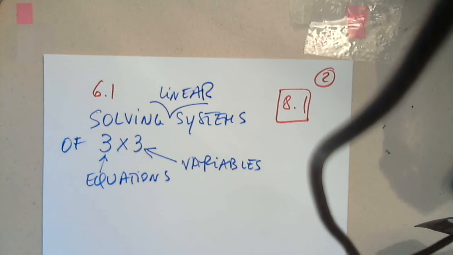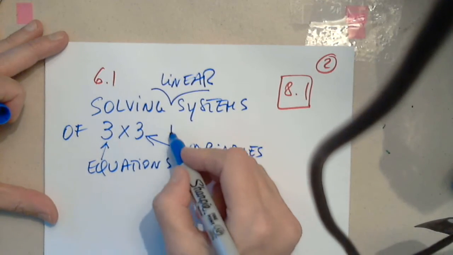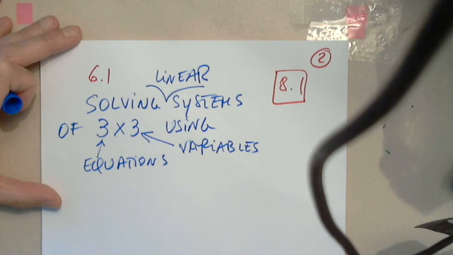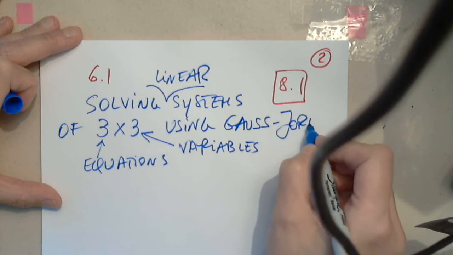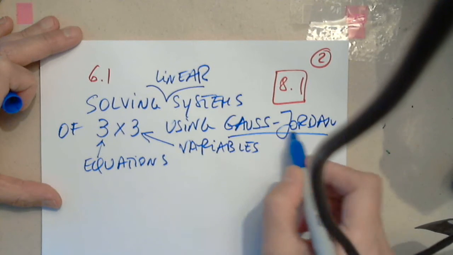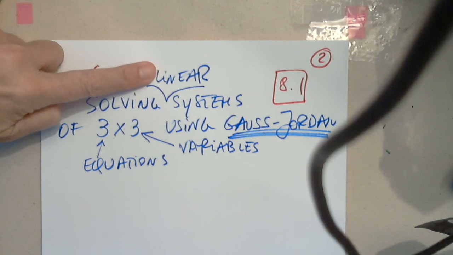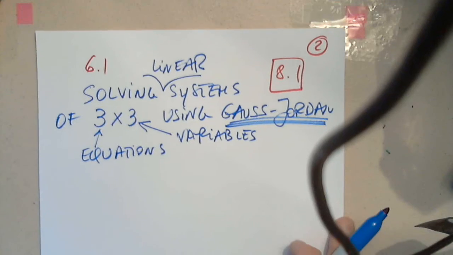Solving linear systems of 3 by 3, 3 equations, 3 variables, using a method that we've never talked about before, Gauss-Jordan. They are linear systems. All equations are linear, no x squared, x cubed, or anything like that, using Gauss-Jordan.